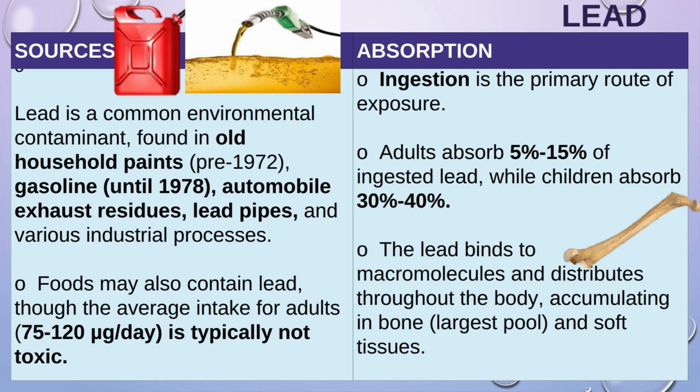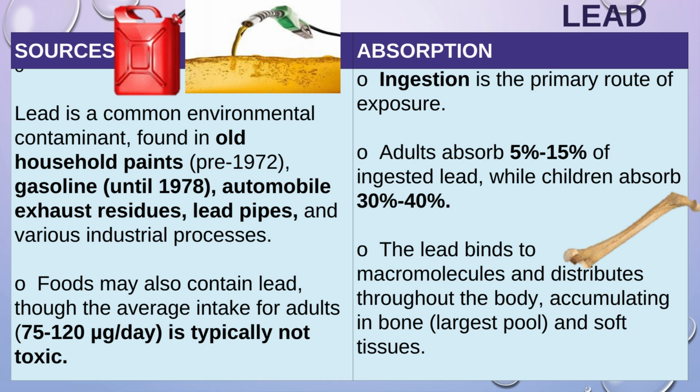Next one is lead. Sources: well, lead is really ubiquitous. It's a common environmental contaminant found in old household paints, common in the US, in gasoline. That's why, have you noticed we have unleaded gasoline right now, which is more eco-friendly?